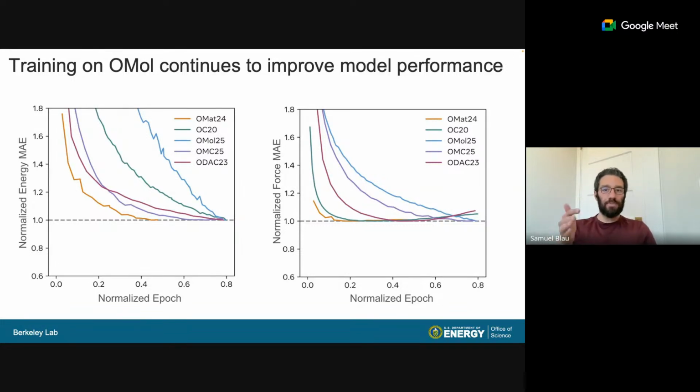The validation error keeps going down, keeps getting better. The last I heard from the folks on OMol, we keep training epoch after epoch, and the val error just continues to fall, which is really exciting. I'm not sure if this means that the models just need to be better, or if the OMol data is just really information rich and high quality, and that's why you can just keep training on it. I think there are a lot of questions here, but it's an interesting and exciting result.